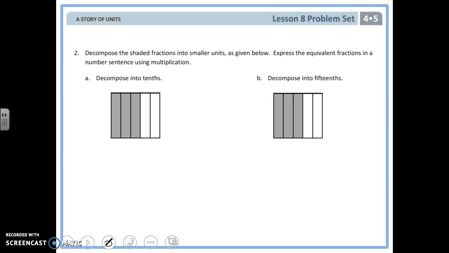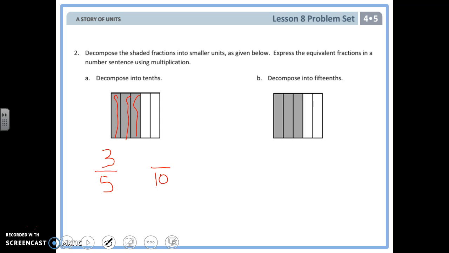Number 2 says, decompose the shaded fractions into smaller units, as given below. Express the equivalent fractions in a number sentence using multiplication. Decompose into tenths. Well, okay. So we start with, how many do we have? We have 5 total. So again, my denominator is 5. I have 3 shaded in. 1, 2, 3. Okay? I want to get into tenths. What number is going to get me tenths for my denominator? Well, 10.